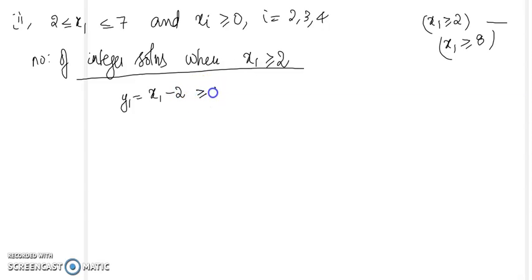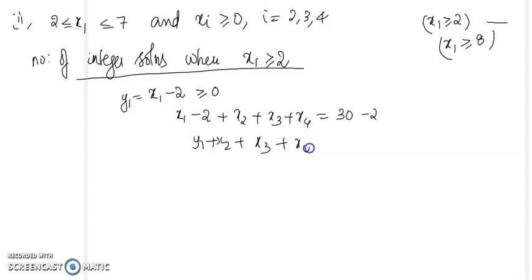So this will be greater than or equal to 0. So you will have the equation y1 plus x2 plus x3 plus x4 equal to 30 minus 2, that is 28.